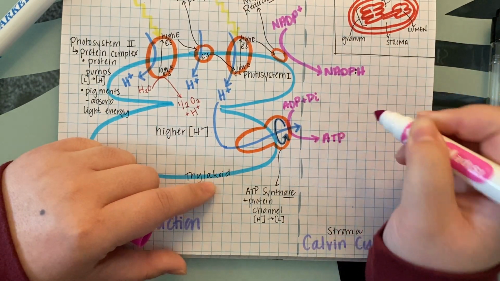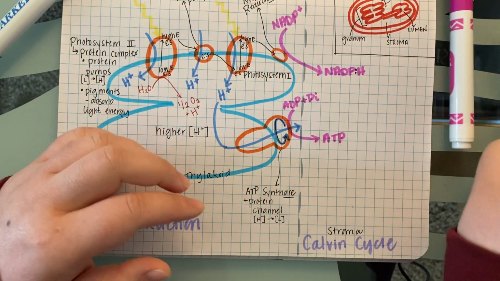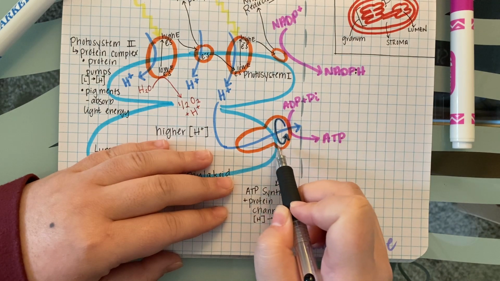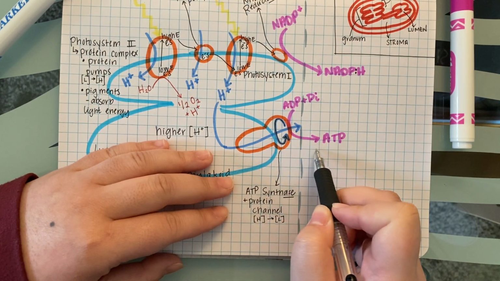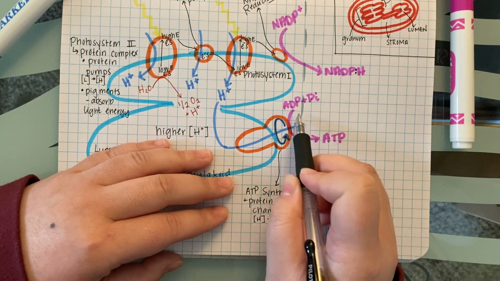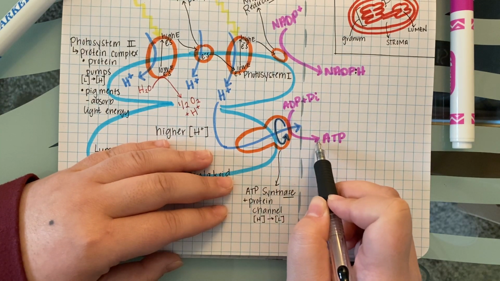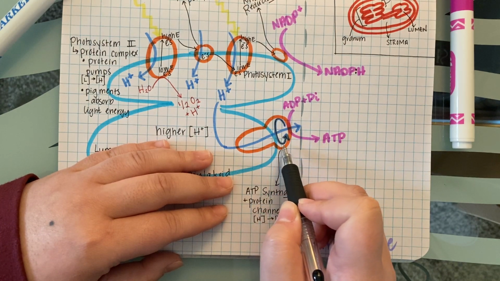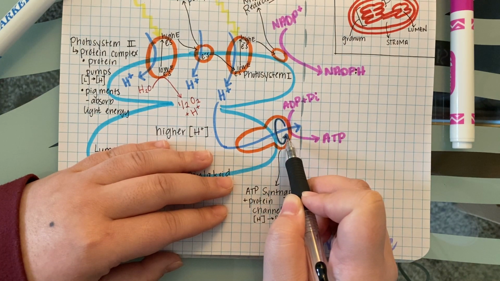That rotational movement creates just enough energy to take an ADP plus an inorganic phosphate and generate ATP. So the energy from the rotor, this rotational kinetic movement, is now stored as chemical energy in our ATP. ADP to ATP is an endergonic reaction, so it got its activation energy from the kinetic energy of this ATP synthase.